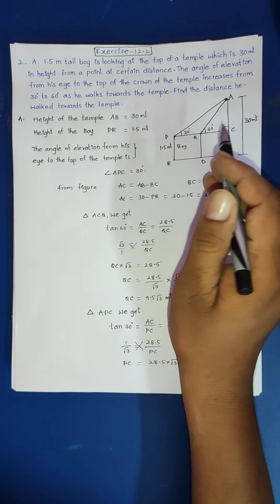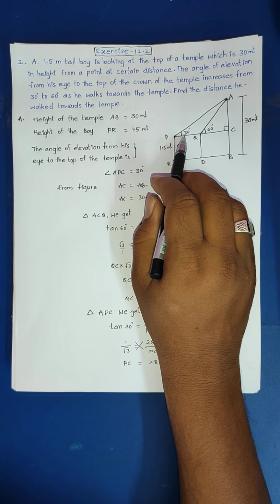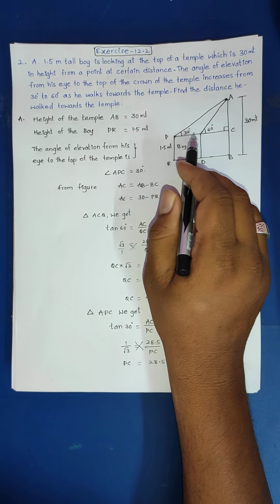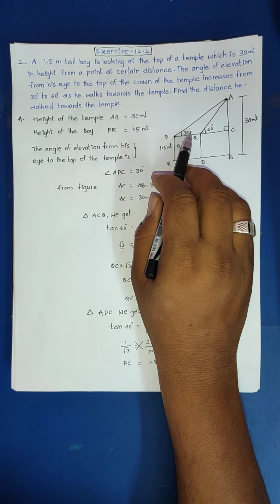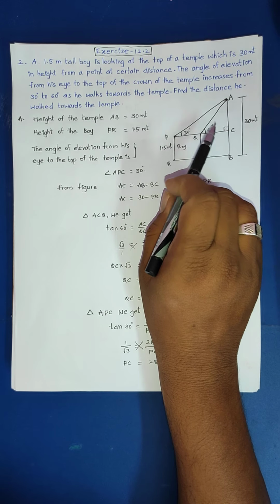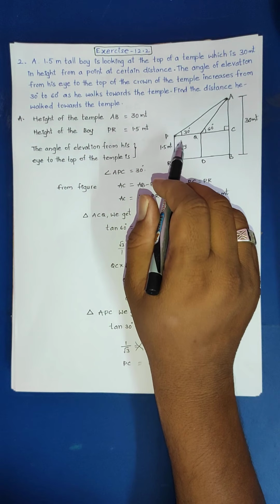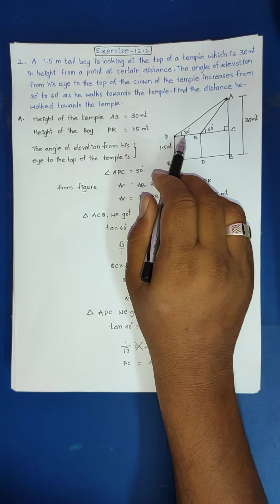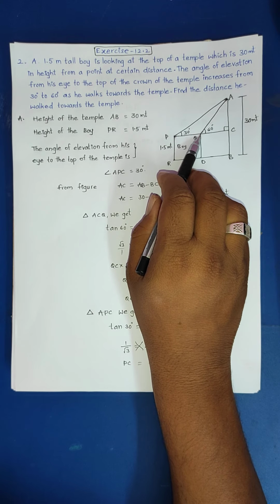How does it change? This observer boy is walking towards the temple. He is going near the temple. First time 30 degrees, second time 60 degrees. Find the distance he walked towards the temple, from the first point to the second point.